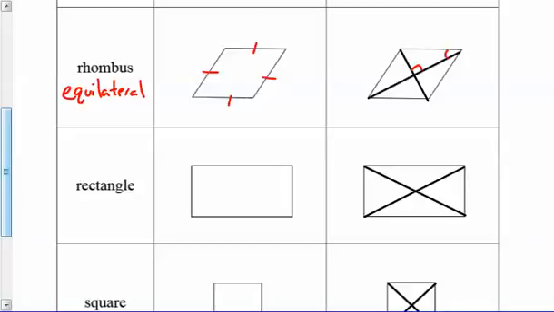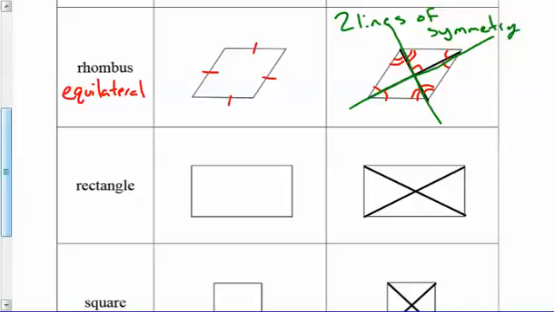What will also happen is that the diagonals will bisect the angles, creating a line of symmetry. All right? The diagonals create two lines of symmetry.